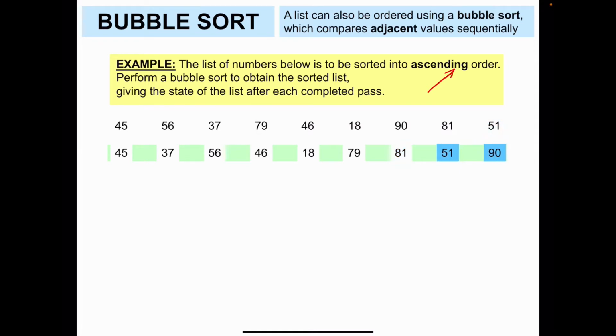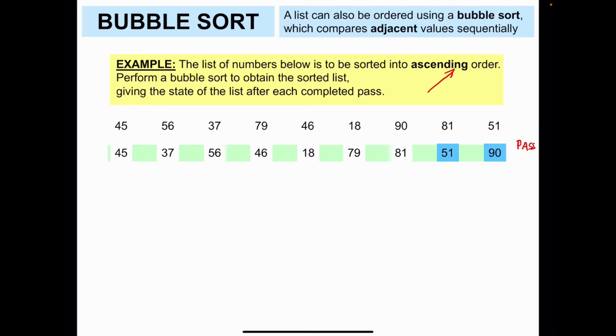Once you reach the end of the list, with 90 at the end, this is called one pass, because you went through every single number in the list. After the first pass, one number, the last number, is in its correct position. After the second pass, the two last numbers are correct.